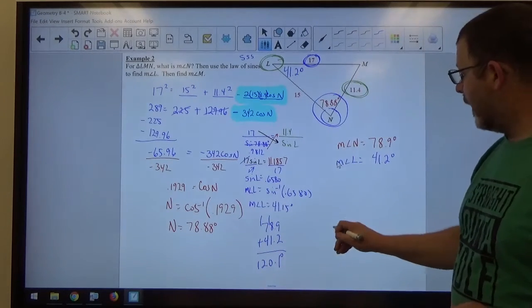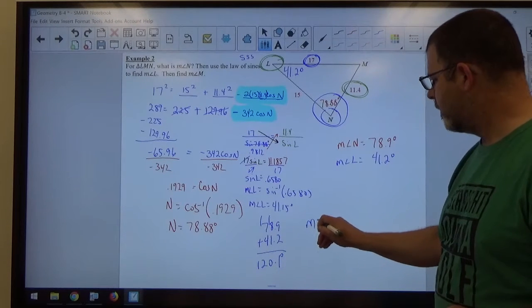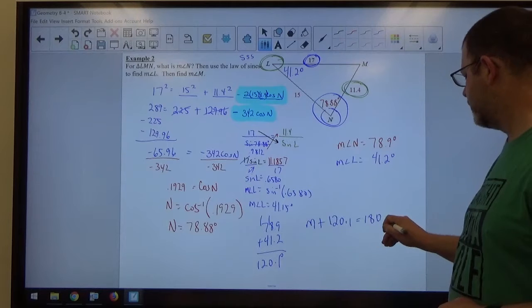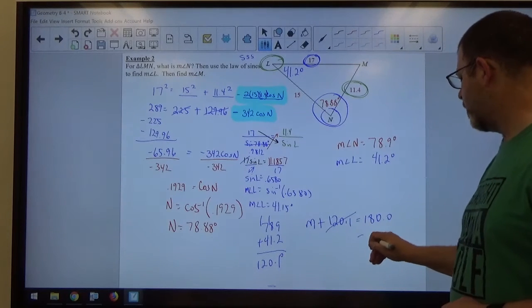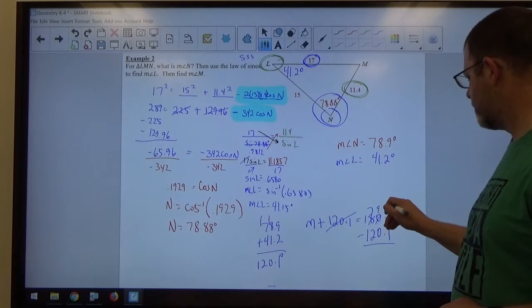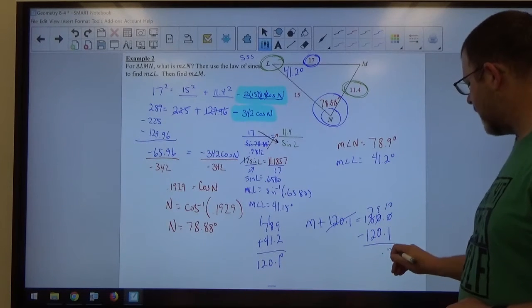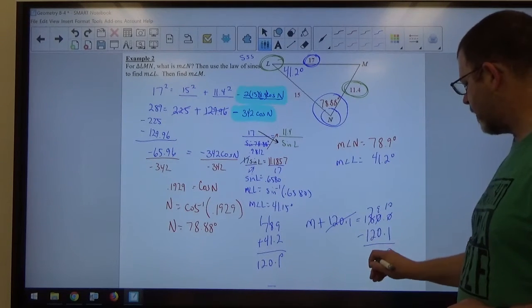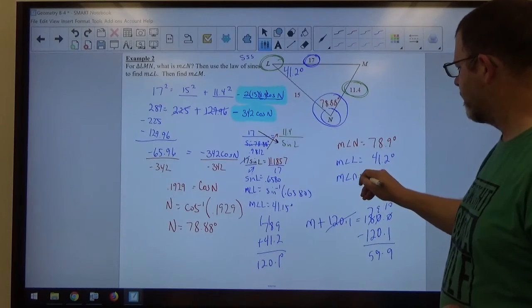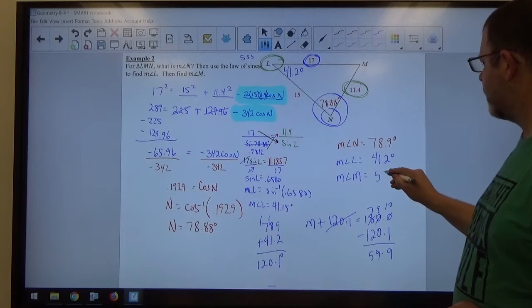The measure of angle M plus 120.1 should equal 180. Move the 120.1 over. Borrow. 10 minus 1 is 9. 9 minus 0 is 9. 7 minus 2 is 5. So measure of angle M is 59.9 degrees.